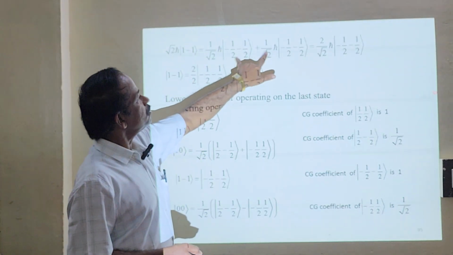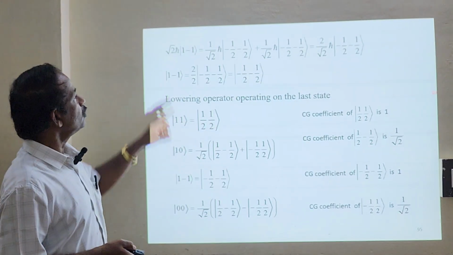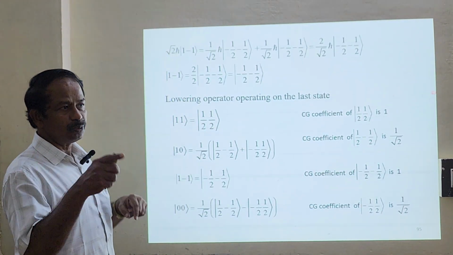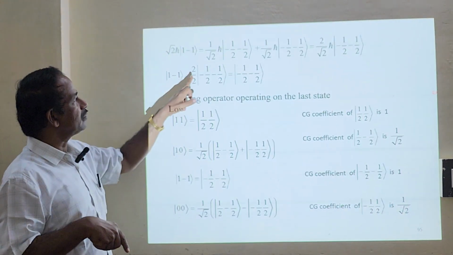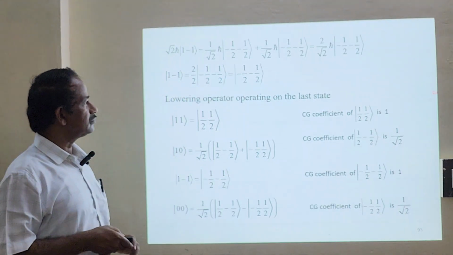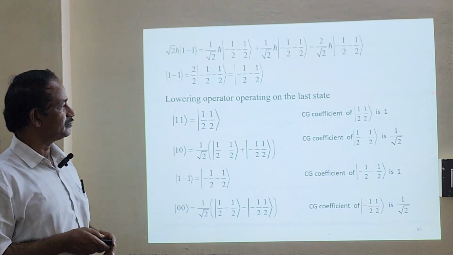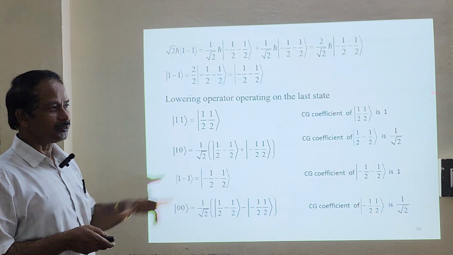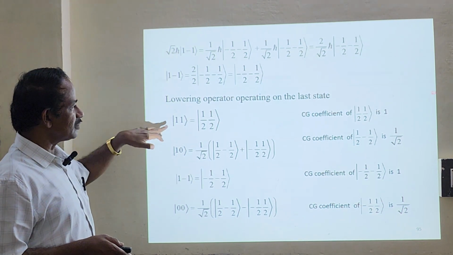You just add these two, these are all common, so that will give you 2 divided by root 2. You bring this root 2 down, 2 by root 2 multiplied by root 2, that will be 2, so 2 by 2, answer will be 1. So the coefficient is 1 here. So now the lowering operator operating on the last state also will give you this.